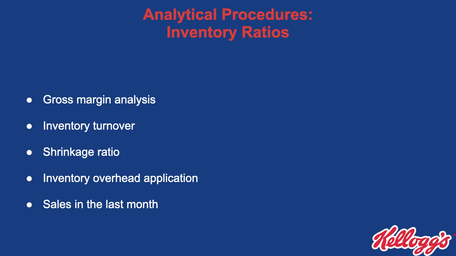We also have the inventory turnover ratio, the shrinkage ratio, the inventory overhead application ratio, and sales in the last month. And all of this enlightens us regarding inventory, and that way we're able to analyze inventory ratios more accurately and to determine where there's more risk and where we need to do more substantive tests.